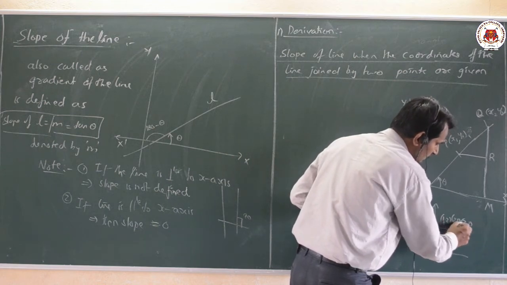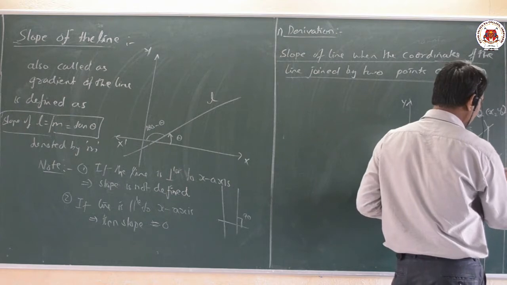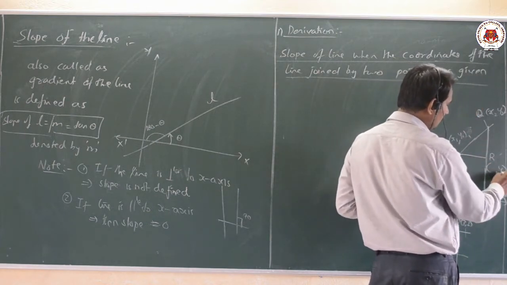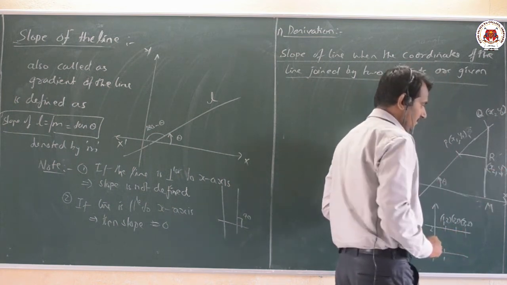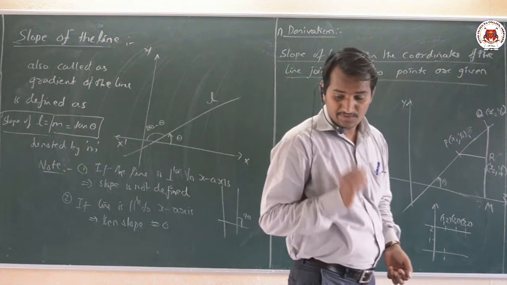Since it is parallel, the y values will be the same. Therefore, for the R coordinate, the y value will be y1. And for this particular line, the x coordinates will be the same. Therefore, the R coordinates are x2, y1.